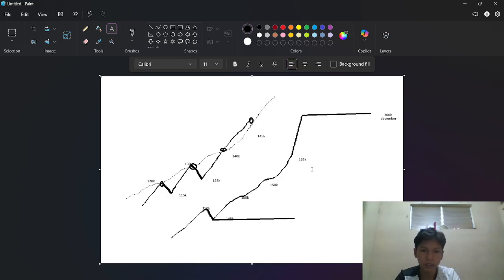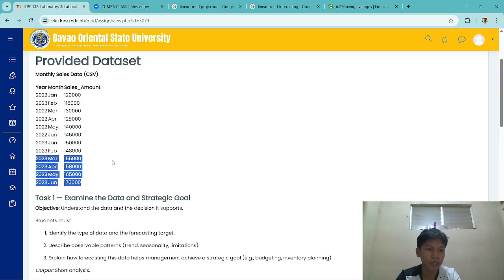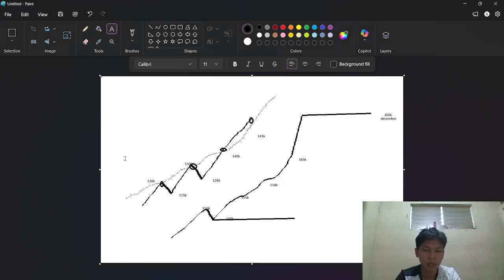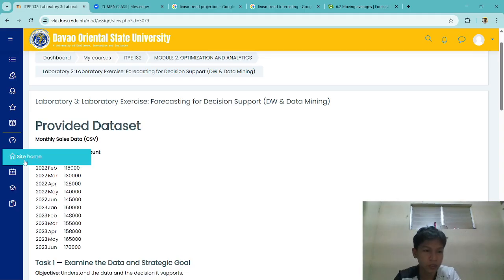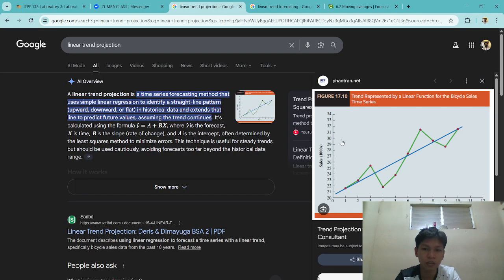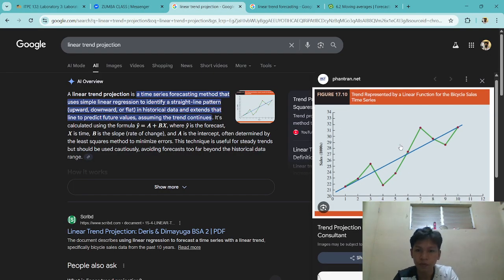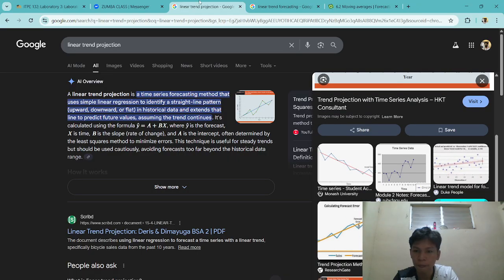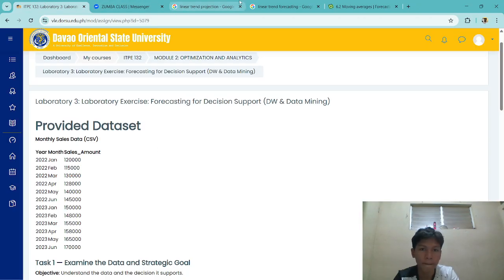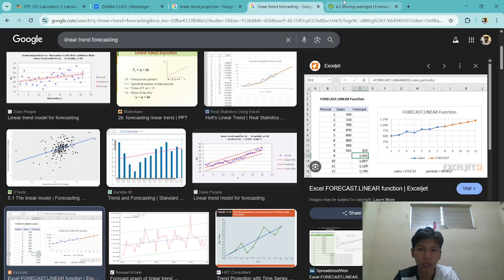So I hope you understand that, guys. The moving average is easier for short term, but not good for long term. But linear trend forecasting is easier for us to predict where the market will move.